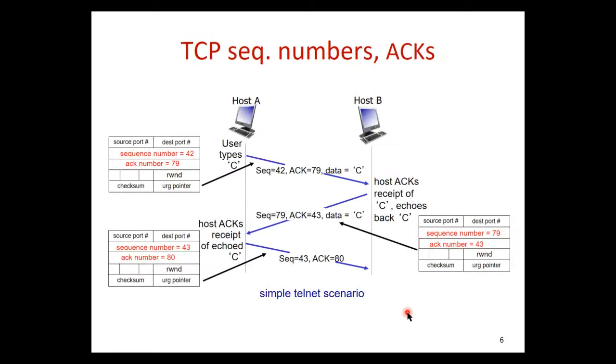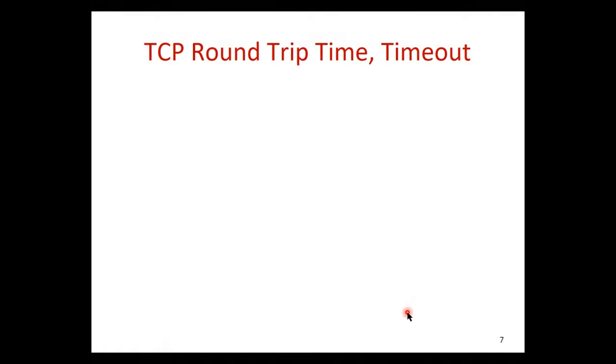Now TCP also maintains a timer, because remember, we need a timer to deal with packet loss. Otherwise, the sender will wait forever if the ACK is lost. So the question is, how does TCP set the timer value?